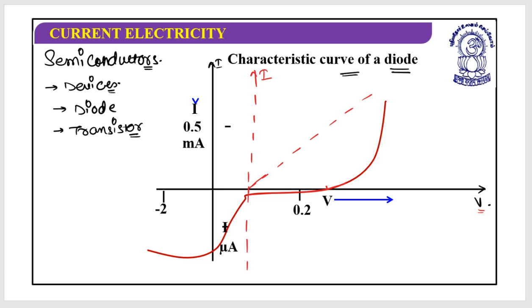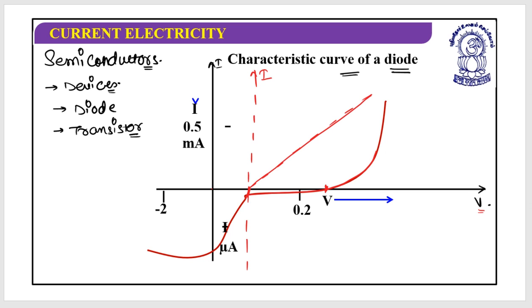According to Ohm, V and I should be directly proportional. But here first it is approximately 0, that is, up to a certain voltage the current is 0, and from then onwards it increases almost parabolically. So this cannot be explained by simply Ohm's law.